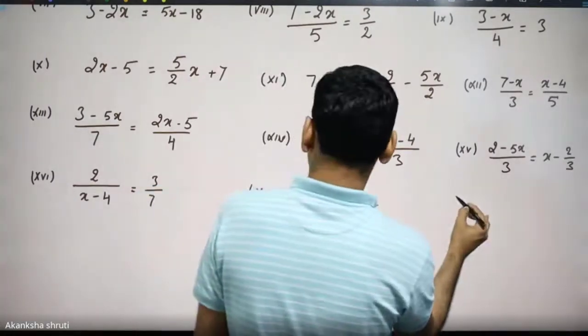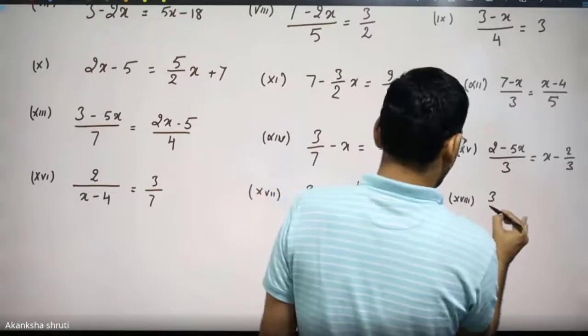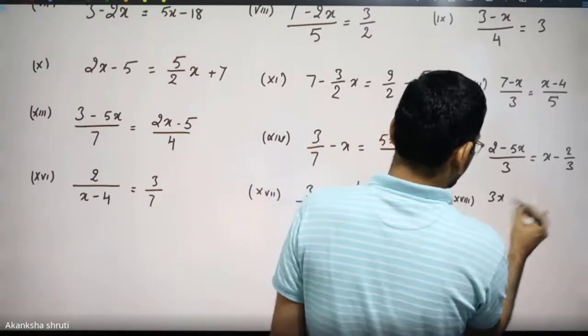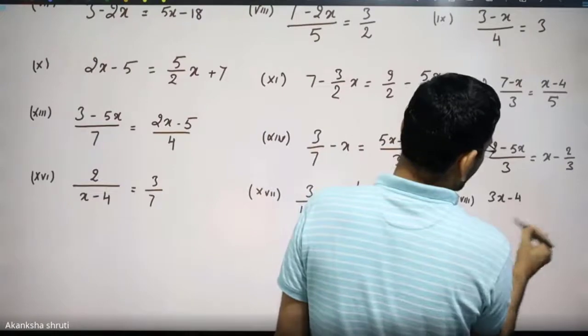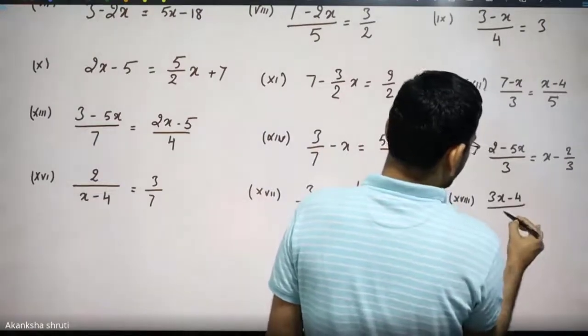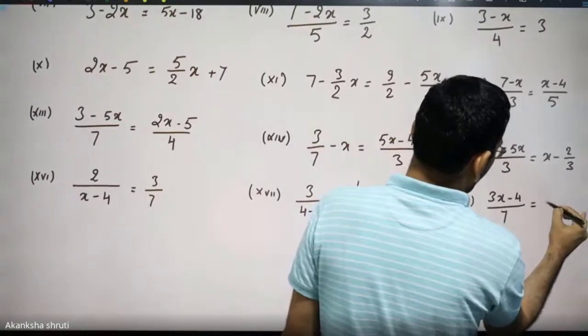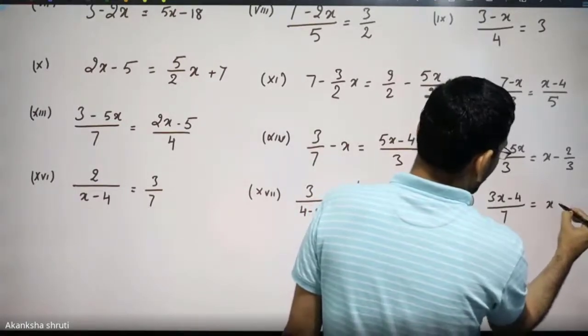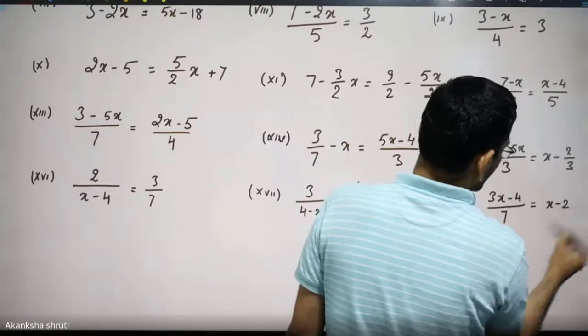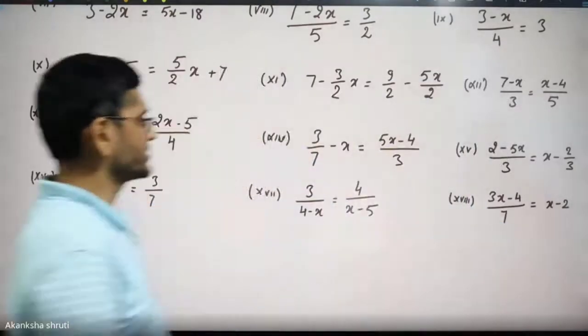The next, (3x - 4)/7 = x - 2. Let us solve this much only.